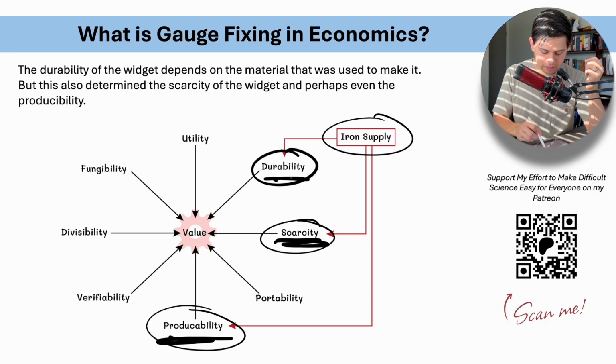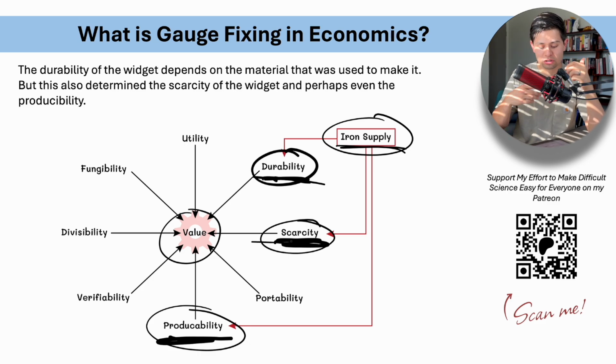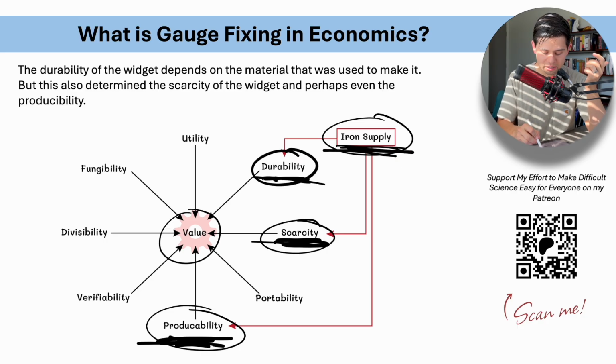So the durability of the value is going to depend on what the widget is made of. Suppose it's made of iron. The scarcity is also going to depend on how much iron supply there is. And the producibility, how easy is it to produce? Again, that also depends on the iron supply. So we have this overcounting of 3 here, right? We have 1, 2, 3.